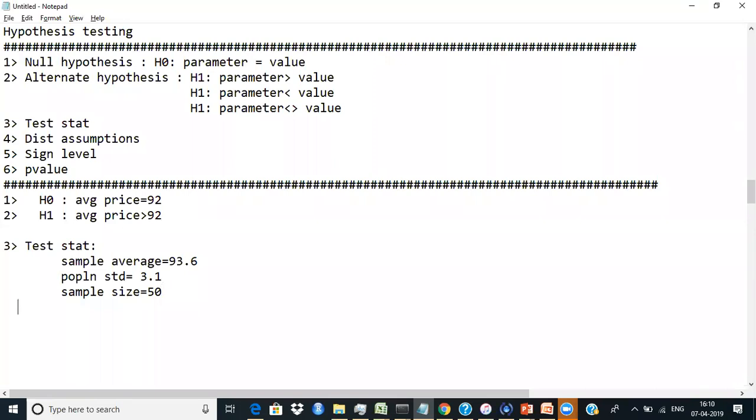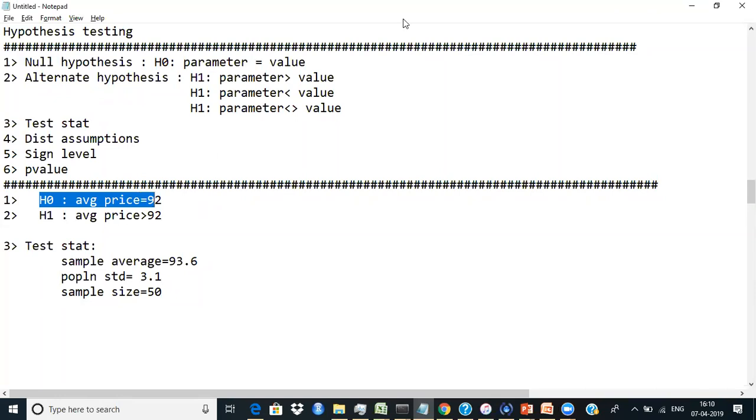Now, what we will do is assume the null hypothesis to be true.